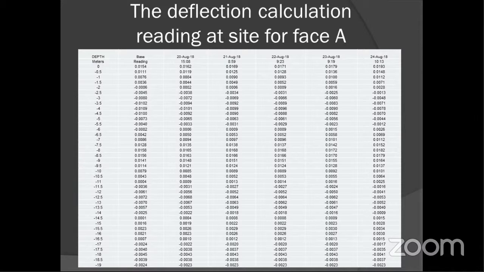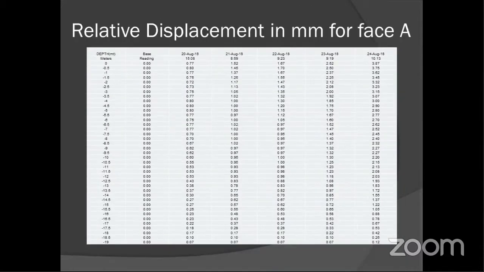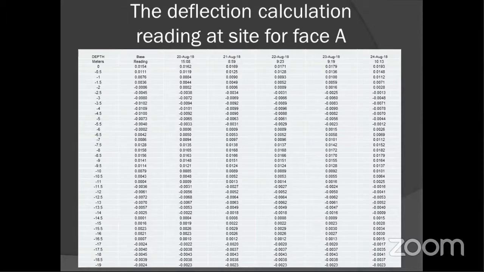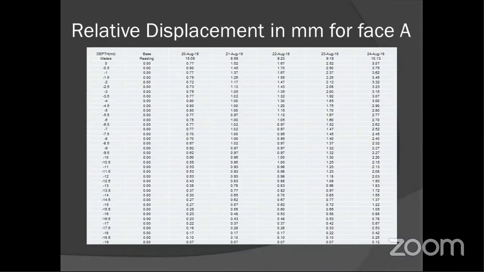After some time also, if you are taking the readings, there will be some changes, because the sensor works normally like a plumb bob which we generally use. Based on these directions, this base reading will be 0.